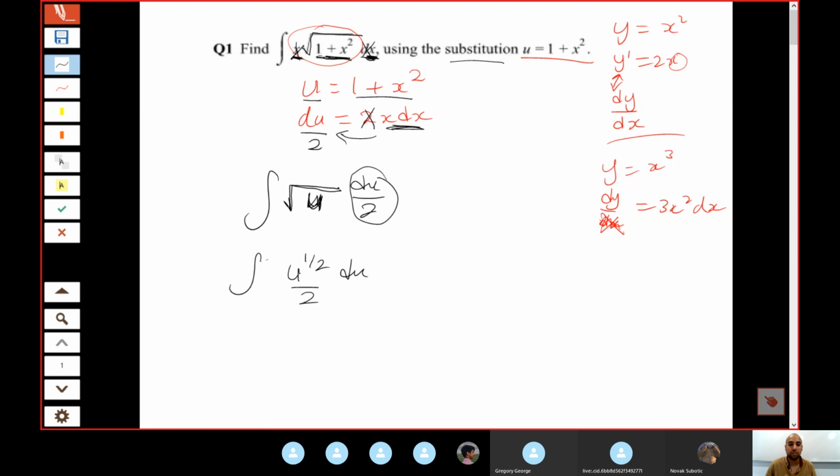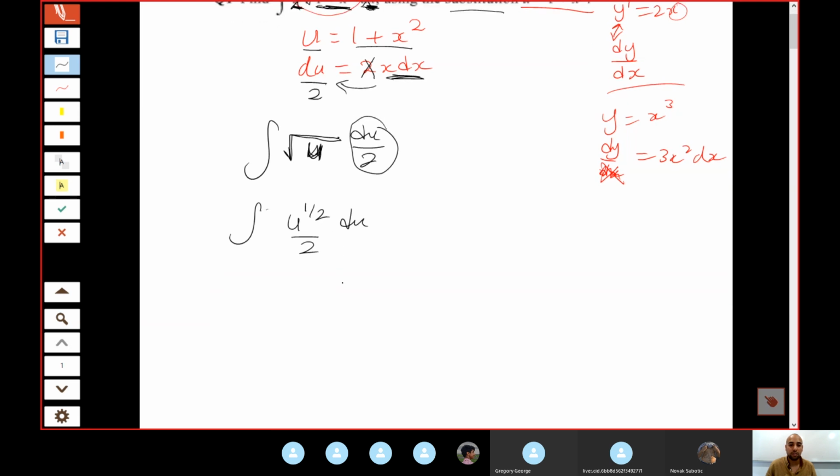What is the integral of u to the power of a half? u to the power of 3 over 2. You add 1, and you divide by the new power, so that's multiplying by 2 over 3, but you still have this 2 times 2, plus c.